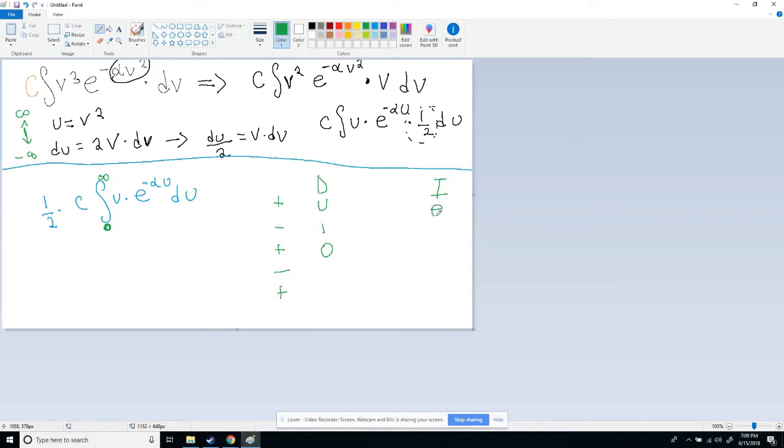So we have e to the minus alpha u. Integrate that means bring this in the denominator. So if you were to take the derivative, e to the x dx would cancel the denominator. In this case, e to the minus alpha u over the constant, which was a negative.